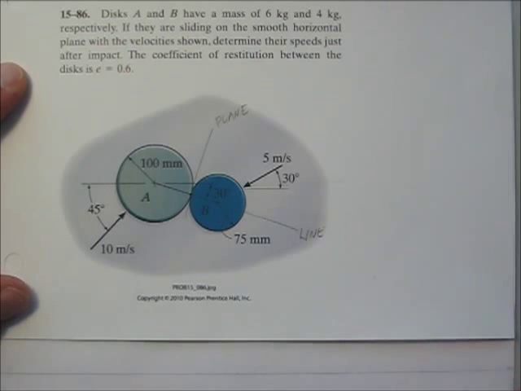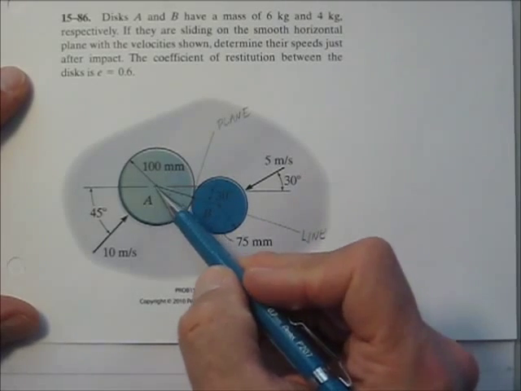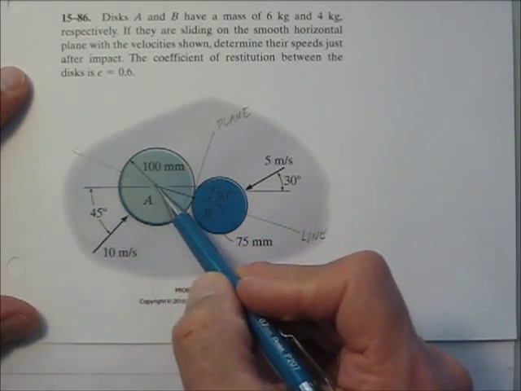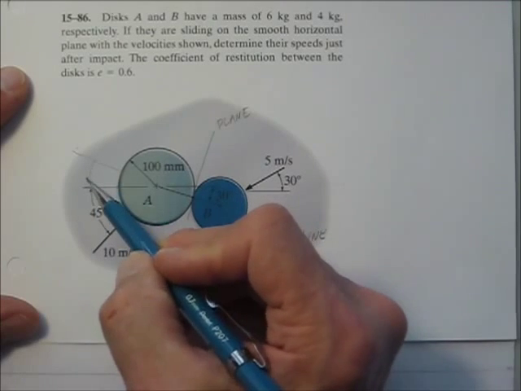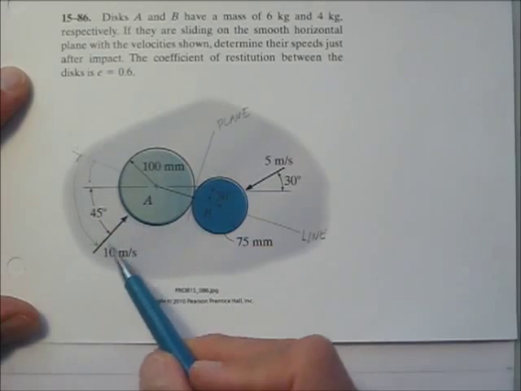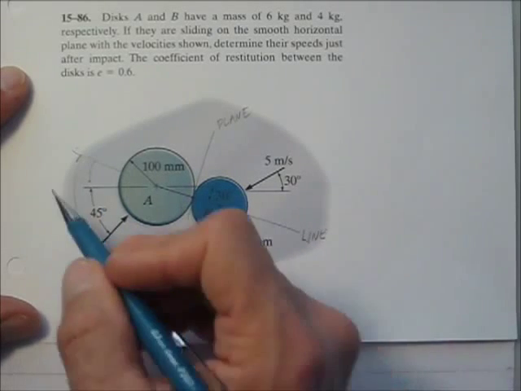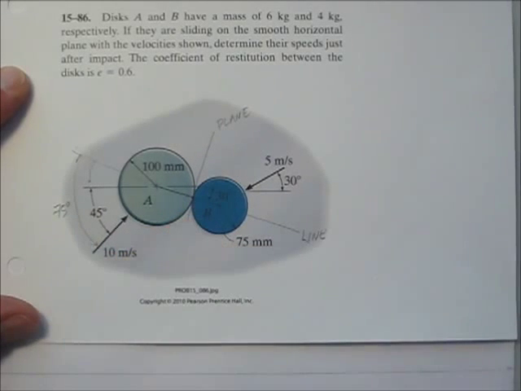All right, so what we'll need to note is that if I draw this line out here, if that's a 30-degree angle, then this is obviously a 30-degree angle, so the angle that the approaching velocity makes to the line of impact is actually a 75-degree angle.